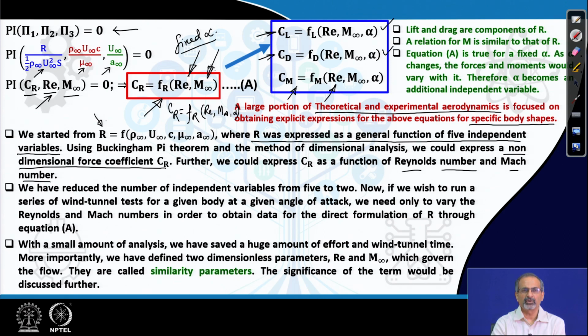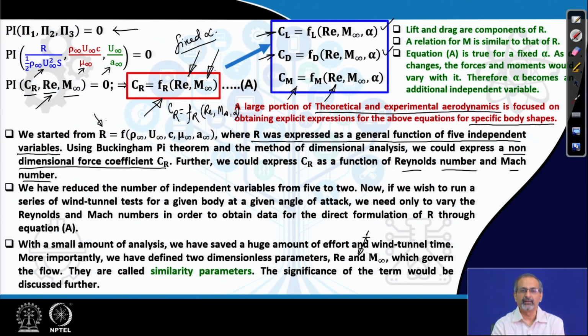So, with a small amount of analysis that we did, we have saved a huge amount of effort and internal time. More importantly, we have defined two dimensionless parameters, Reynolds number and Mach number, which were known to us from other means, but here we obtained it through a very practical engineering approach.